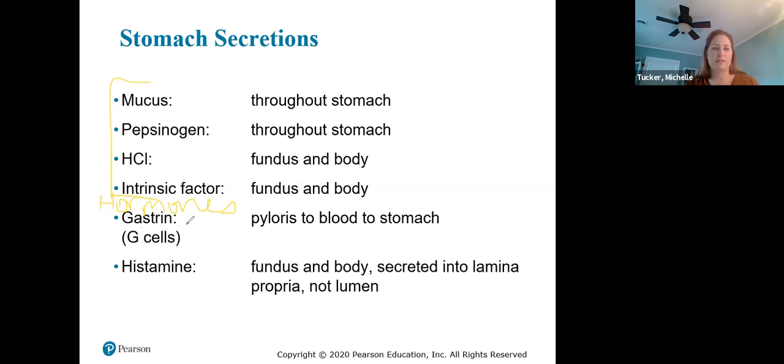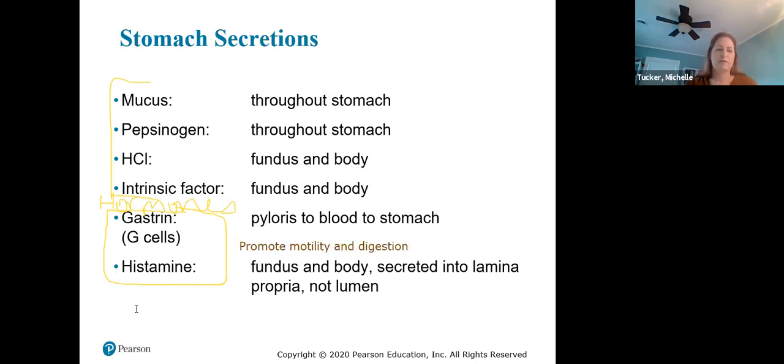Gastrin will increase what's called gastric juice production. Histamine is going to increase hydrochloric acid production. So both gastrin and histamine are going to promote motility and digestion.